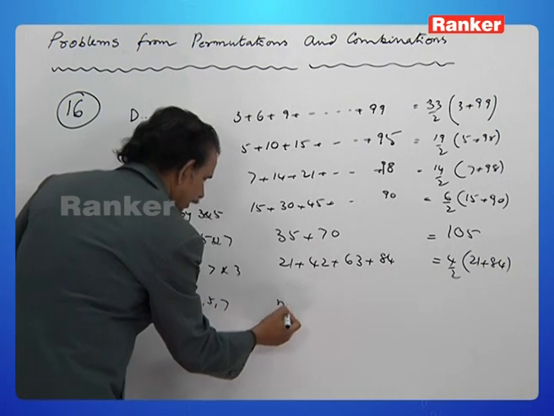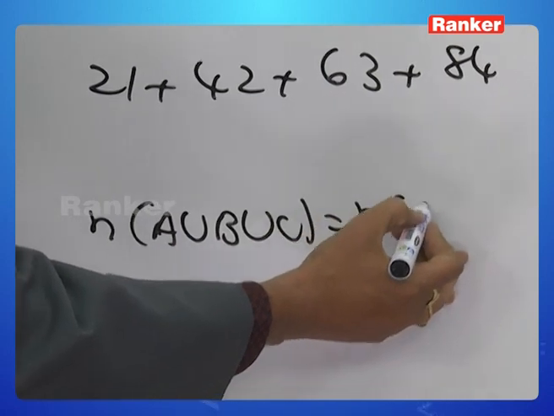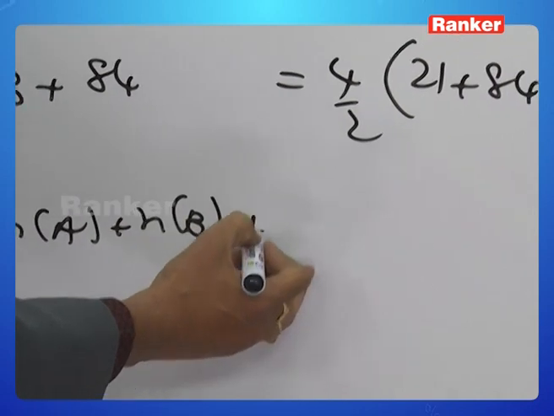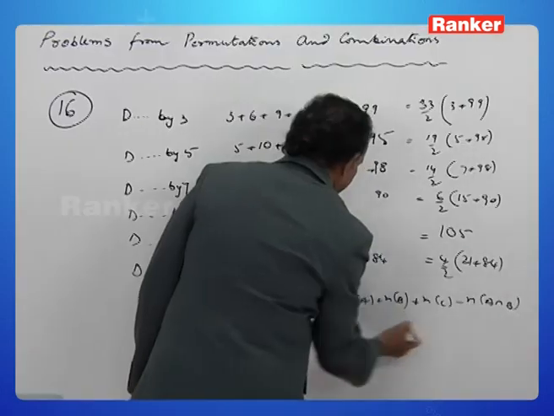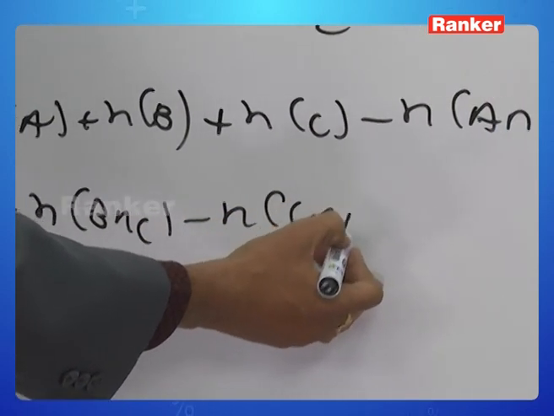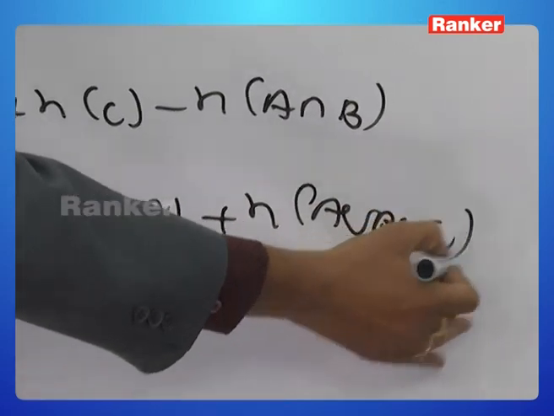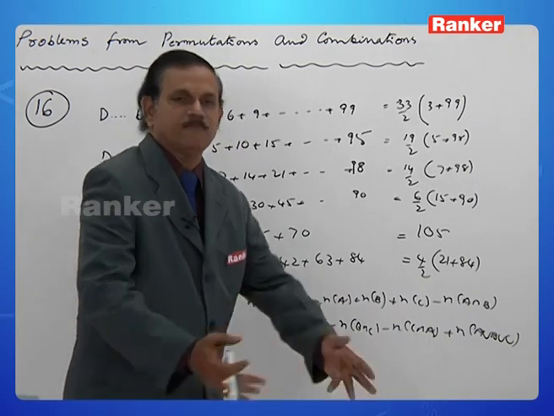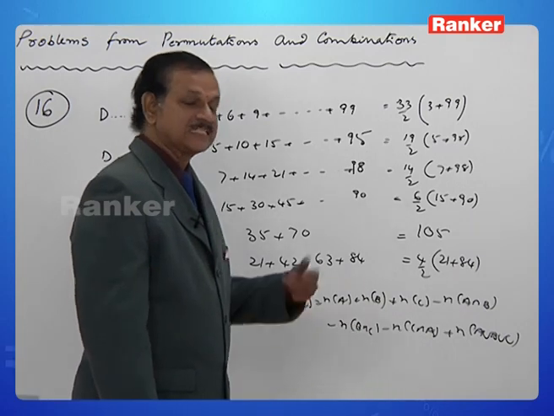That is, by using n of A union B union C is equal to n of A plus n of B plus n of C minus n of A intersection B minus n of B intersection C minus n of C intersection A. Of course, this formula gives us the way to find the number of such numbers, and here we like to have their sum.